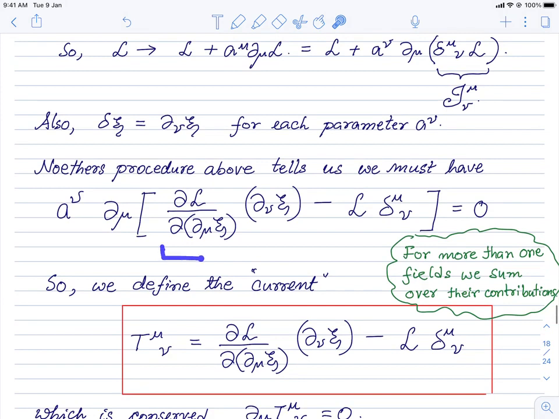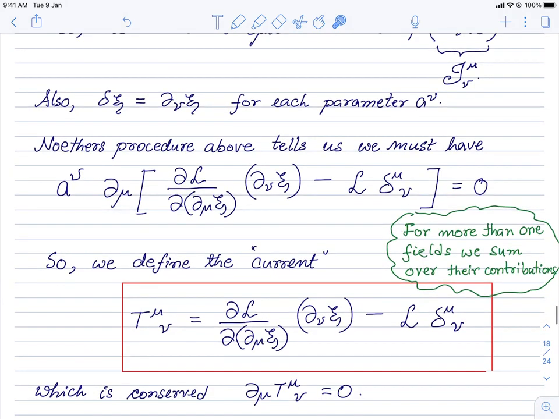Now let's just use the formula that we derived very generally. We can show that a nu, of course, this is outside this parameter. For every parameter, we have one index here. So a mu contracted with this index. Why is that? Because for this variation, for every a nu, there is a del mu xi. This nu index is for every a mu.